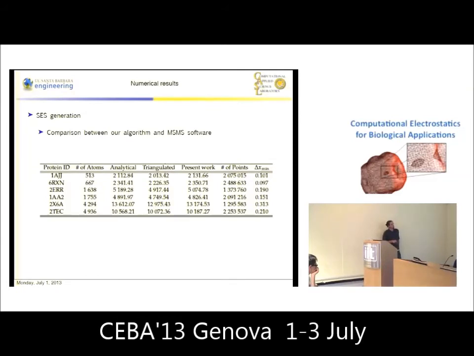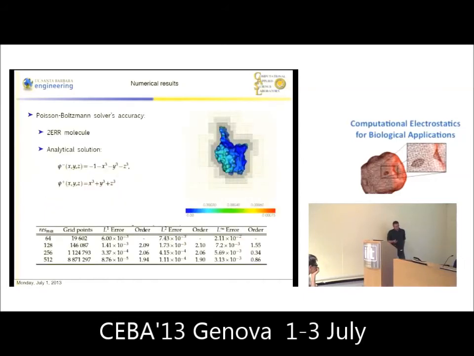If you look at these three columns, they give pretty close results. So we're pretty happy about that. Now that it seems that the SES surface is properly constructed, let's look at our Poisson-Boltzmann solver.